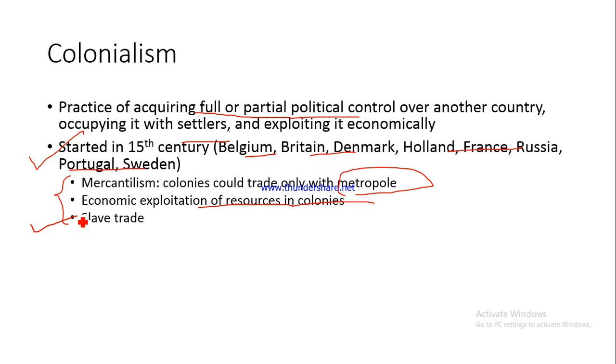And why did they do that? Because they also colonized Africa, and there they required a lot of people so that the cultivation could be done in the African continent. So what did they do? They took away people from here.